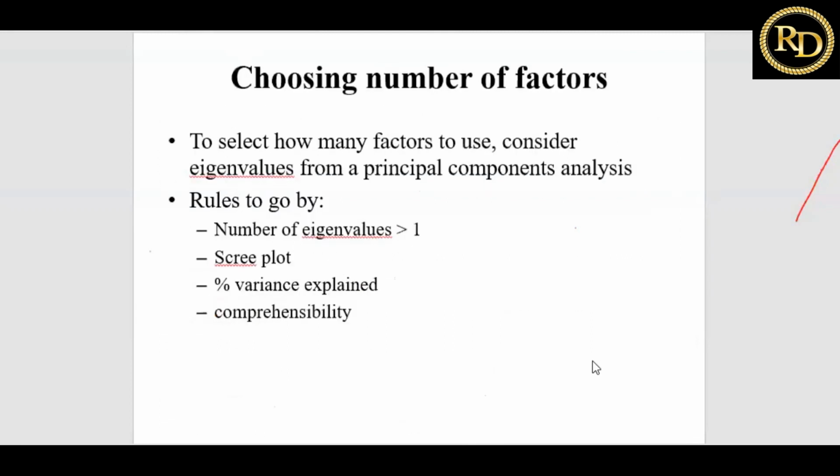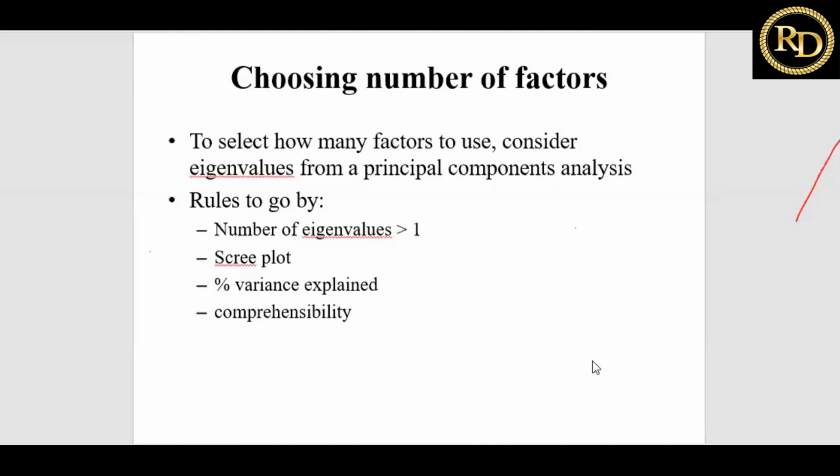Choosing the number of factors: to select how many factors to use, consider the eigenvalues from the principal component analysis method. How do you decide what value to take? In the previous slides you saw what the scree plot is saying, and I explained the scree plot.